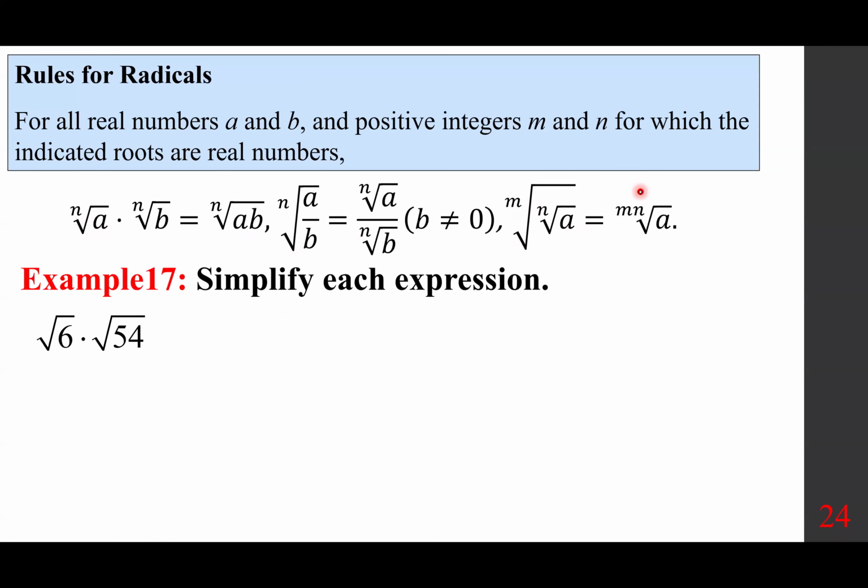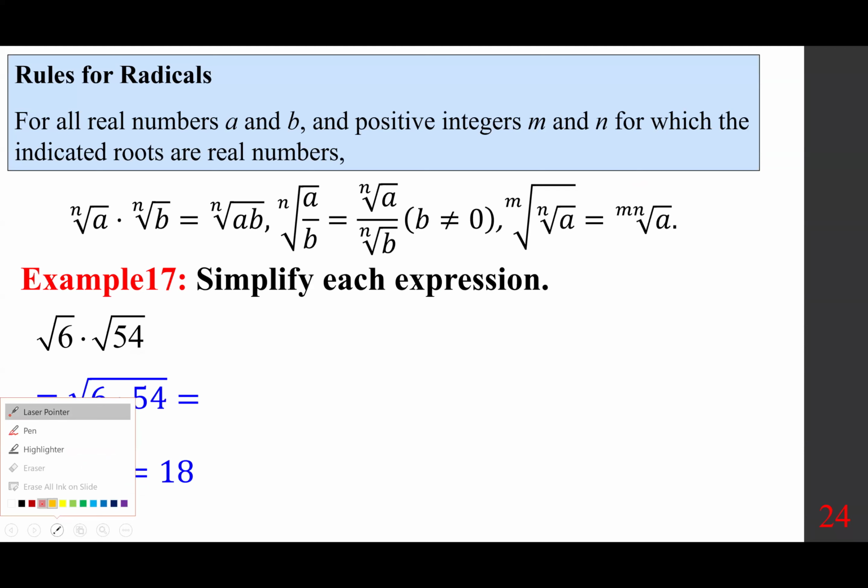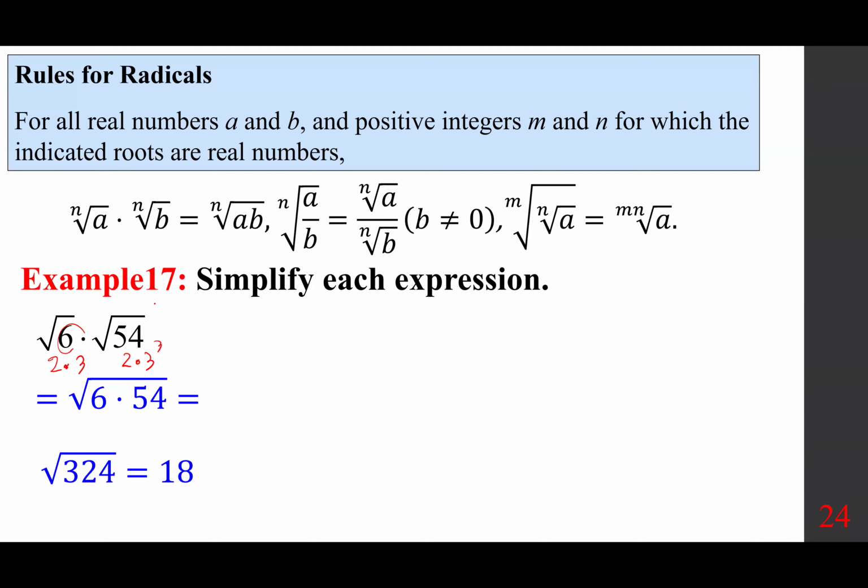Now, square root of 6 times square root of 54. You can put them together. You get 324, and you may know it's 18. The second method, and I want to show you that one because that makes it easier. 6 is 2 times 3. 54 is 2 times 3 cubed, because it's 2 times 27, and that makes it 3 cubed.